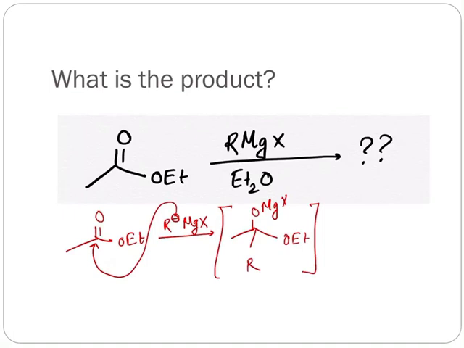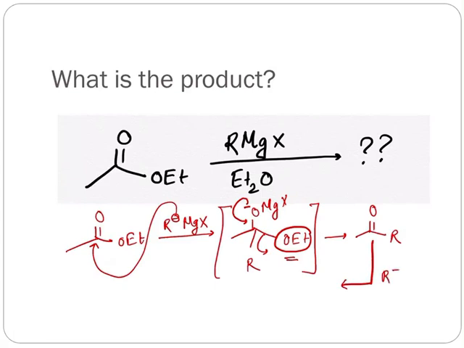Now if you look at this tetrahedral intermediate closely, you will see that there is a good leaving group. This is the ethoxy group and it is a good leaving group. So this oxygen negative charge will come here and this ethoxy group will go out to give a ketone. But we know that ketone also reacts with Grignard reagent to give tertiary alcohol.